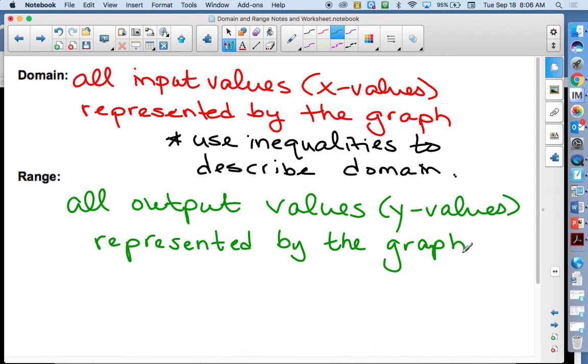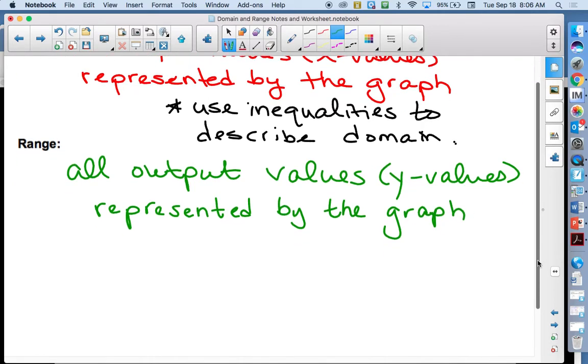And we will be using inequalities to describe those as well. So those are the definitions.